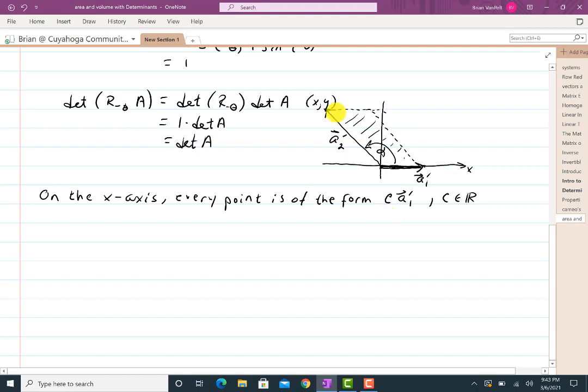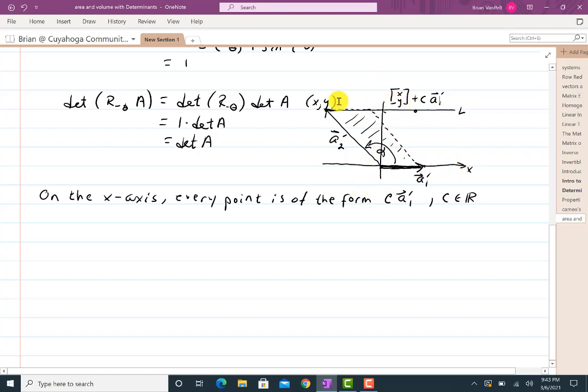But what you'll also remember here is up here, I have a line, let me call it L, and every single point on this line looks like the following. It looks like XY plus C times A1 prime. And now, we've talked about this before, so if you need to, you might want to look it up, but this creates a line that is parallel to A1 prime.